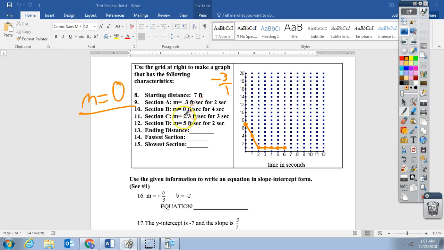Section C, my slope is 2/3. That means up 2 over 3. But it says for 3 seconds. If you go up 1, 2, and you go over 1, 2, 3, that is up 2 over 3, but that's also 3 seconds from 6 to 9.